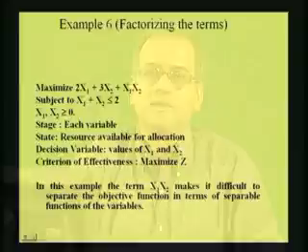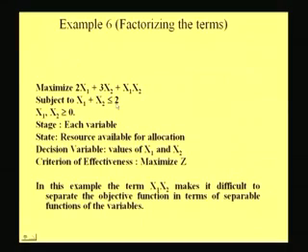State once again is defined in a very general way as resources available for allocation. We do not know what this 2 represents, so we call it a resource, and the amount of resource available for allocation is the state variable. The decision variables are the values of x1 and x2, which we are going to find out.